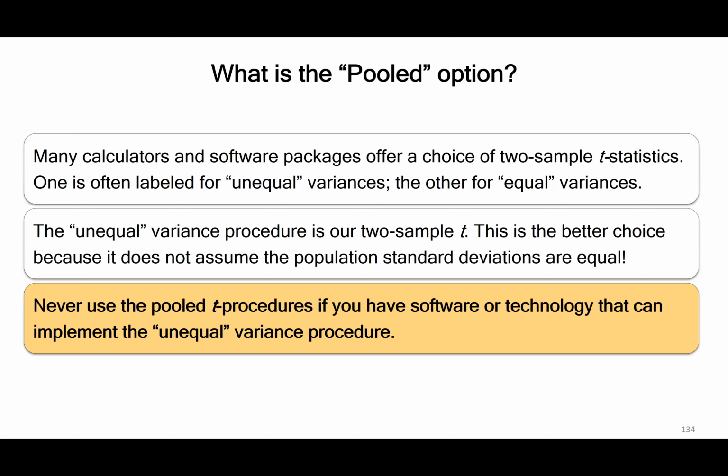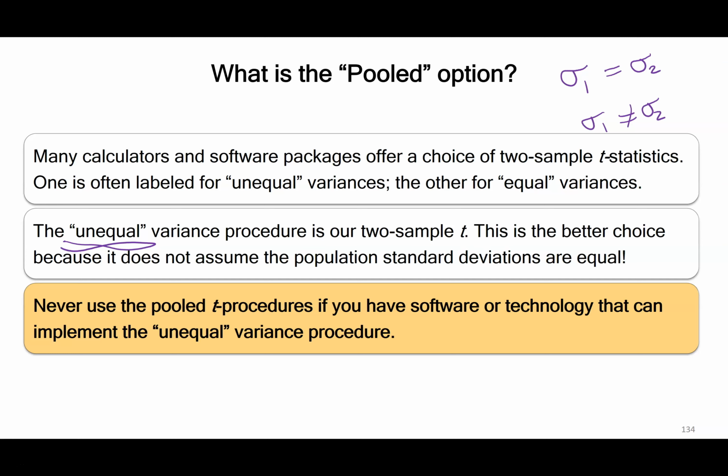That's why we like to assume they have their own variances and aren't equal. Then the unpooled, or not pooled, works pretty well. If sigma 1 and sigma 2 are equal, the not pooled works well. If sigma 1 and sigma 2 aren't equal, the not pooled works well.